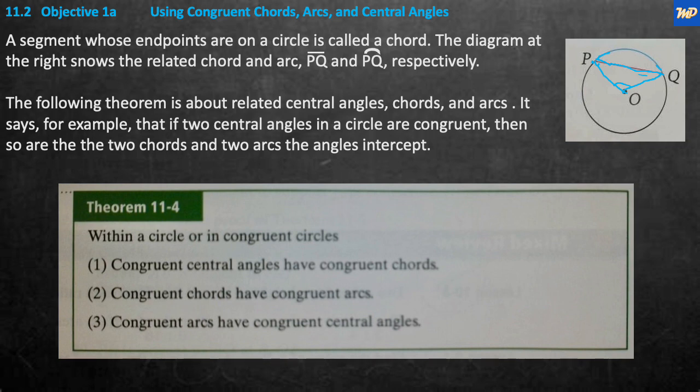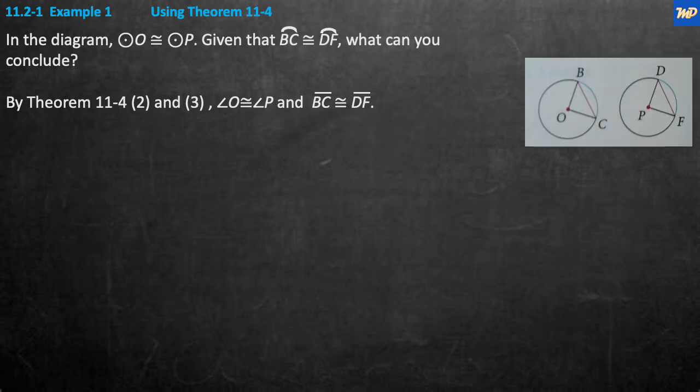That's the central angle. So congruent central angles have congruent chords and arcs, and vice versa. If you have congruent arcs, then you also have congruent chords and congruent central angles. 11.4 is pretty powerful.